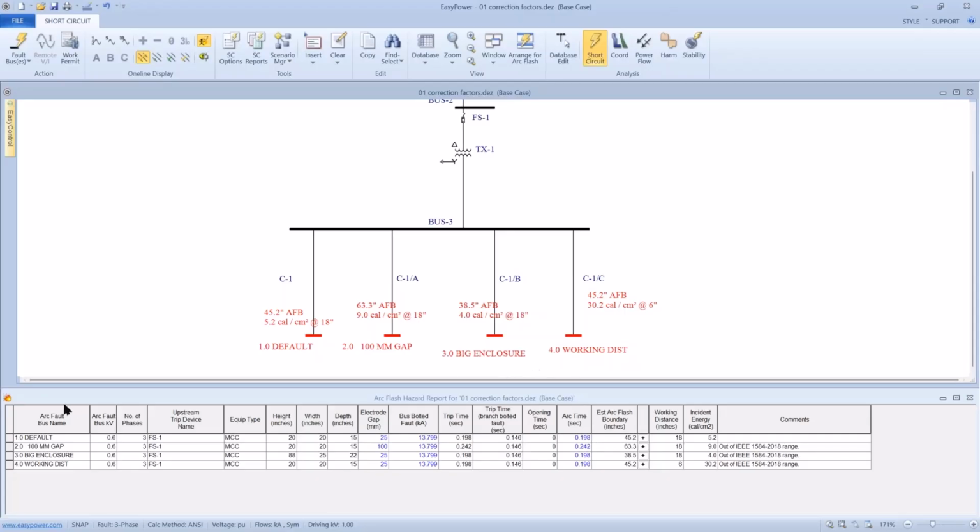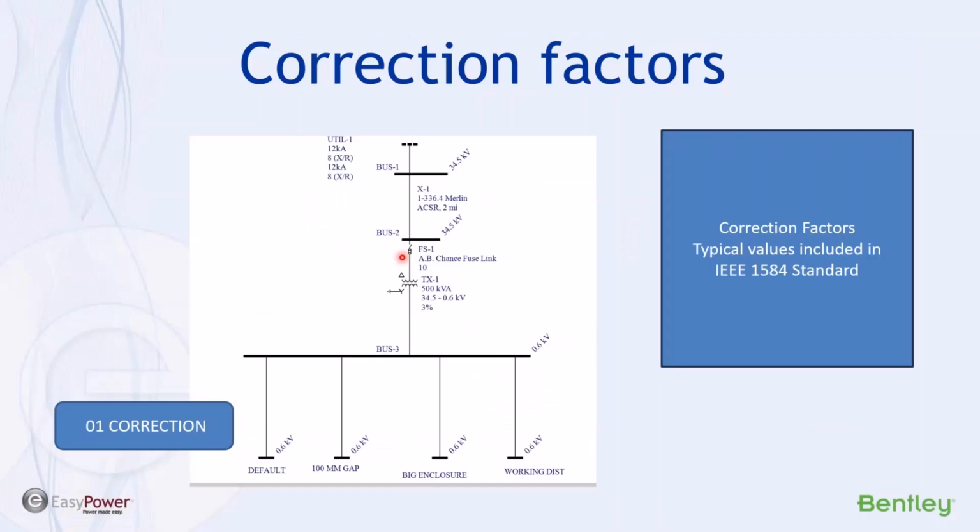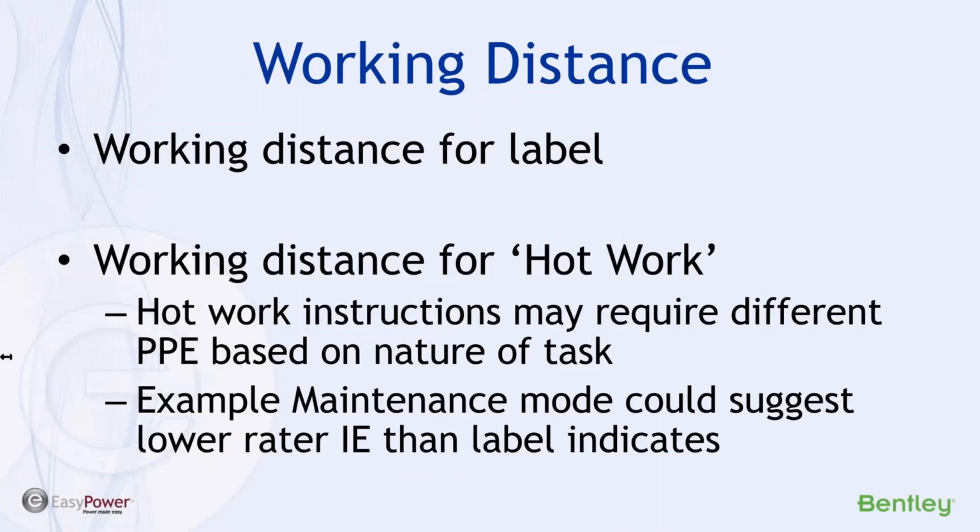Now, just a quick note. And this is a bit of a soapbox for me. The working distance for the label should be something that correlates, in my opinion, to the standard working distance for taking the cover off the bus or off the equipment.